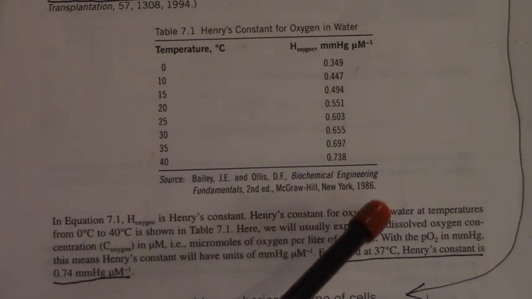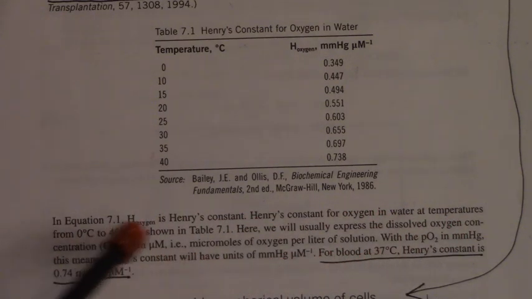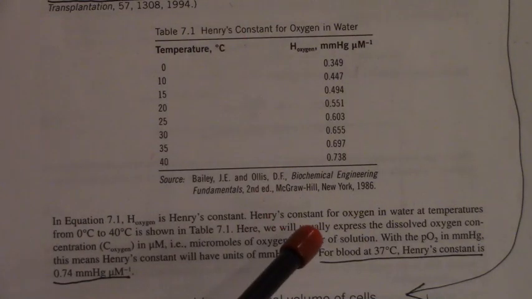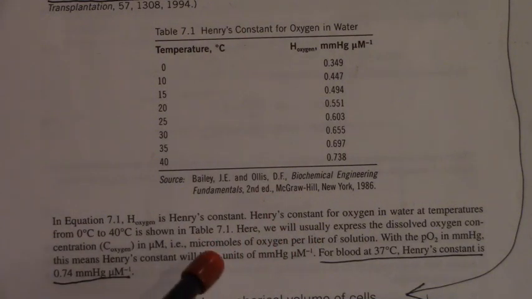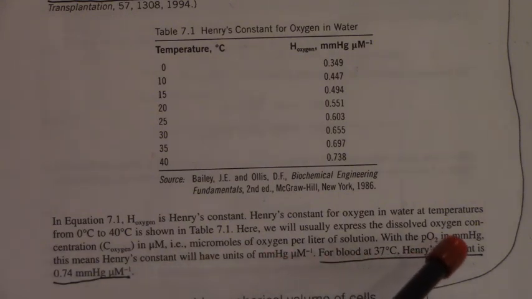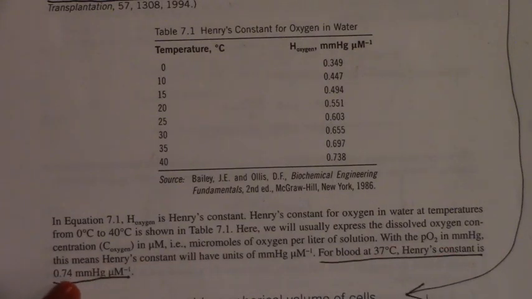Now the Henry's constant for oxygen in water is given in that table, and you're probably wondering, well, what is it for blood? With the PO2 in millimeters of mercury and the concentration in micromolar, for blood at 37 degrees C, a good number for the Henry's constant is 0.74 millimeters of mercury per micromolar.